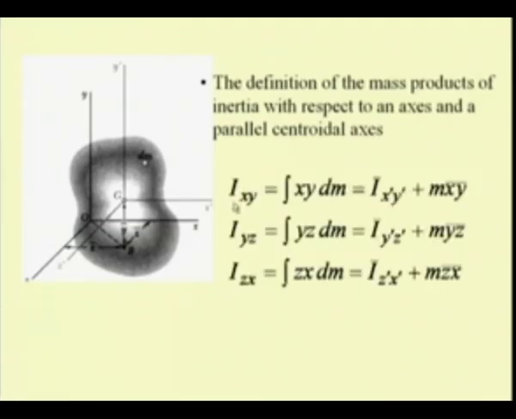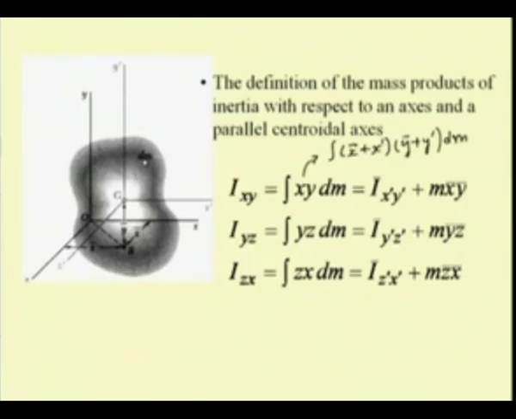So, we write I x y as integral x y dm. If I write this term as integral, x becomes x bar plus x prime and y becomes y bar plus y prime dm.